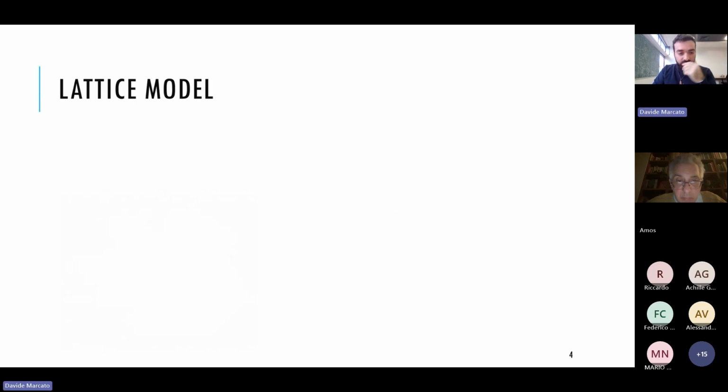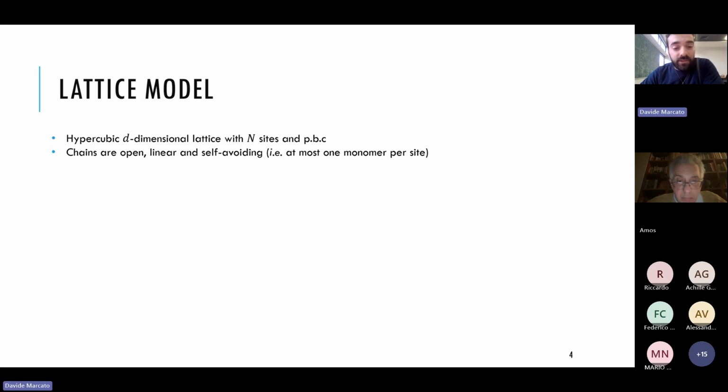The model that we propose is a lattice model. We work on a hypercubic d-dimensional lattice with N sites in total and with periodic boundary conditions. On this lattice, we are going to place our polymer chains. These chains have three important features.